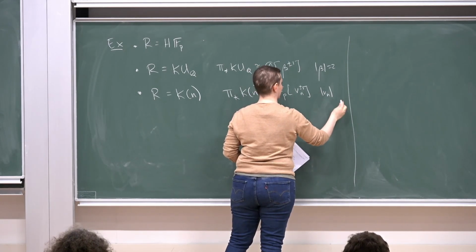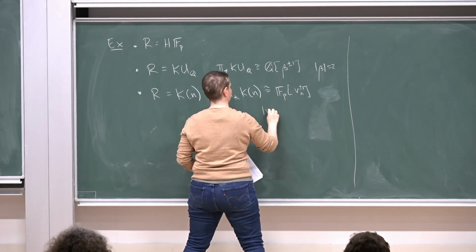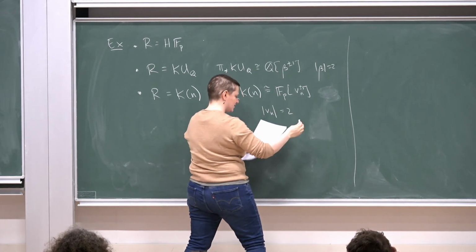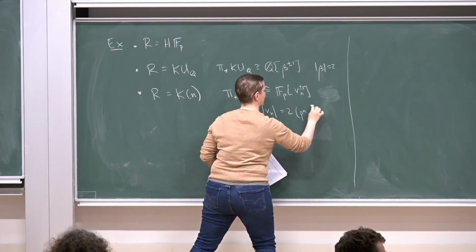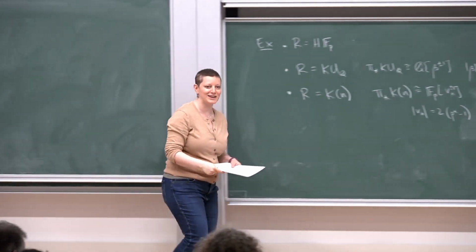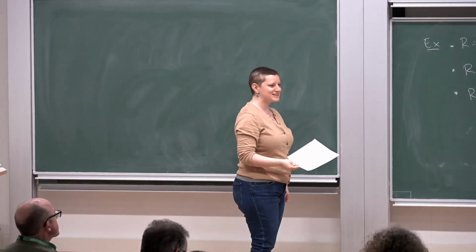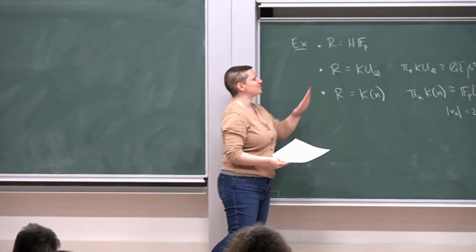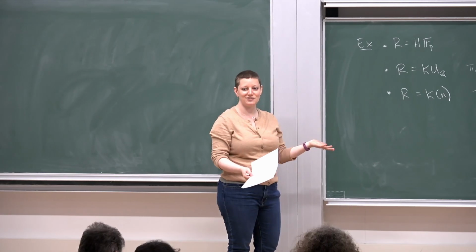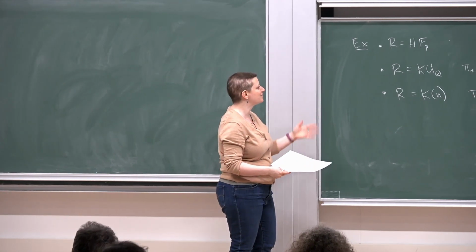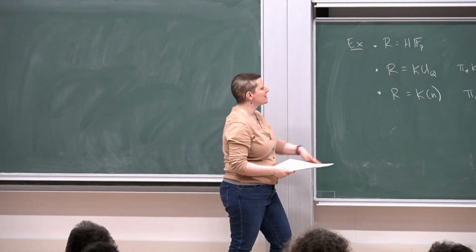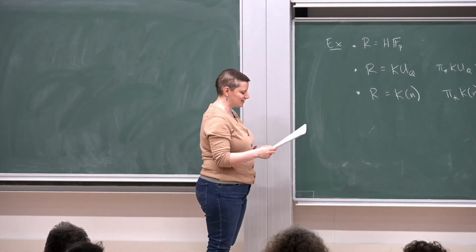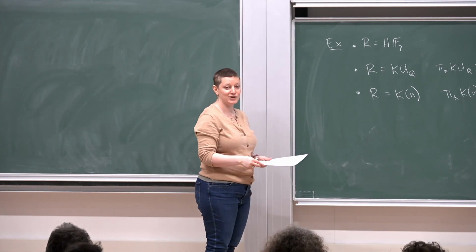And I think this Vn is in degree 2 times p to the n minus 1. Feel free to correct me if I'm wrong, chromatic folks. But in any case, the point is, well, HFP is really a very special case. This is a field concentrated in degree 0. The homotopy groups are just FP, but you'll get the same kind of phenomenon whenever you work with a graded field.